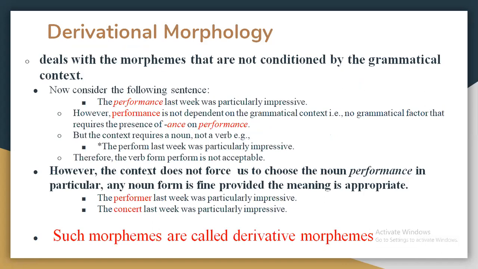Derivation, if you have watched the video well, that also said that in derivational morphology, what happens? We write particular words, or we change the form of a particular word, not because of grammatical need. Not because of grammatical need, right? Derivational morphology.